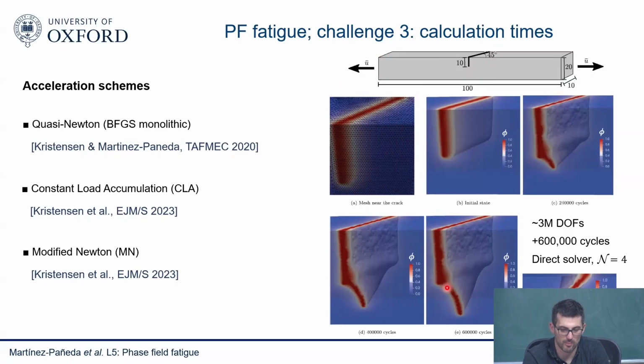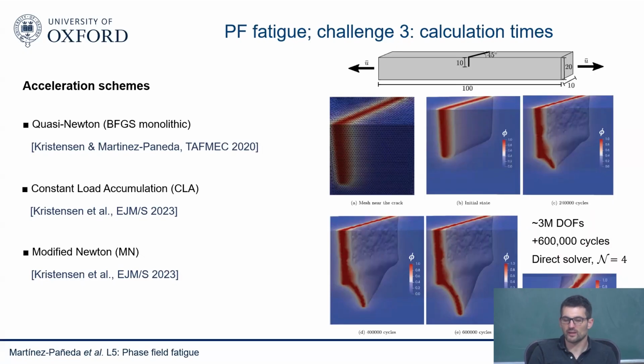As you can see, the crack propagates in a funny way. We can do 600,000 cycles with a direct solver and using a cycle jump of 4 cycles, which is very small. We could have probably done 40 and we'd probably get the same result. In fact, this precise model we solved later over a longer time on the supercomputer, and we could do 1.5 million cycles, I think.